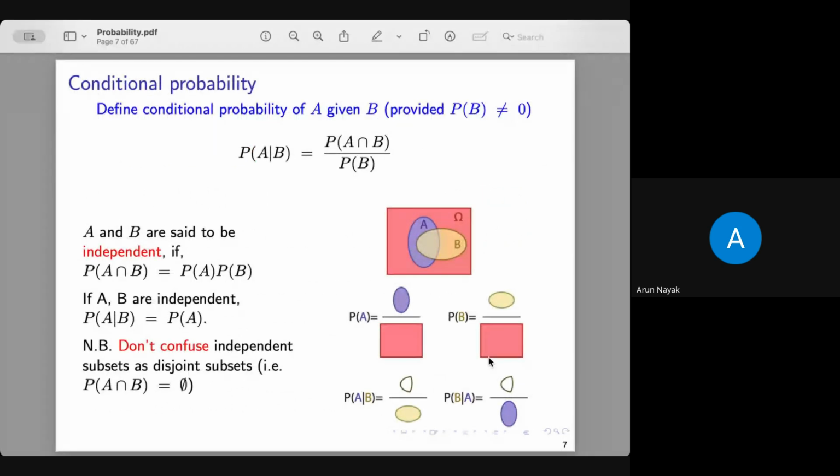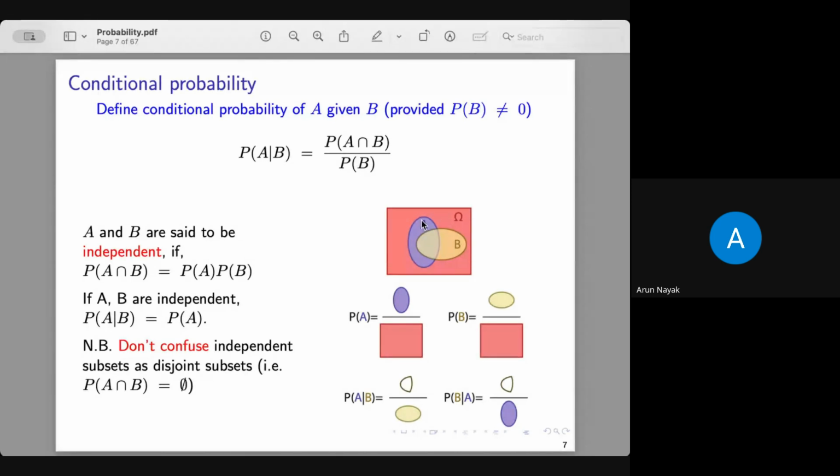Now let's define conditional probability. So what is conditional probability? You need to understand this very well so that you can also understand the correlated distributions. When you define conditional probability, if B is not 0, then you can write probability of A given B is probability of A and B over probability of B. You can see that from this picture.